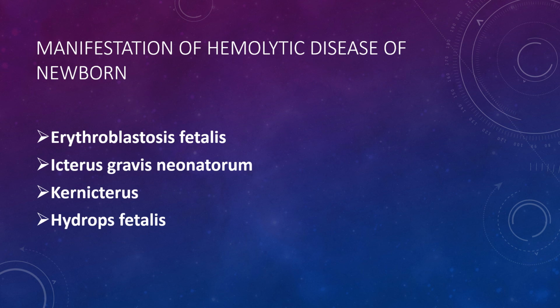You know that bilirubin is the end product of hemoglobin degradation. So if more and more RBCs are destroyed, more hemoglobin is destroyed and more bilirubin is produced. If the child develops jaundice in the first 24 hours, it is not physiological jaundice, it is pathological jaundice.